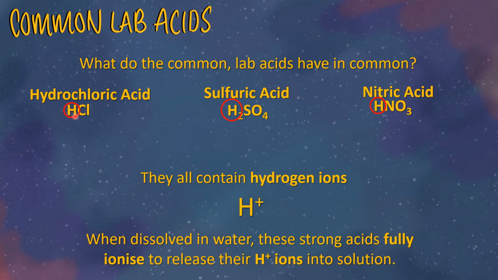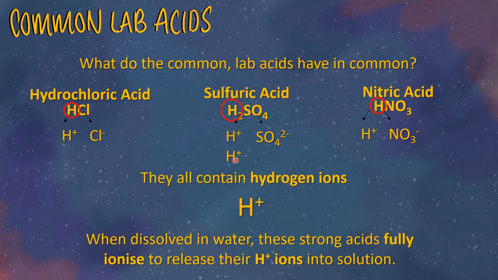That means their hydrogen ions come away from the rest of the elements in the compound. Here the H+ ion comes away from the chloride ion, the hydrogens come away from the sulfate ion, and the hydrogen comes away from the nitrate ion.